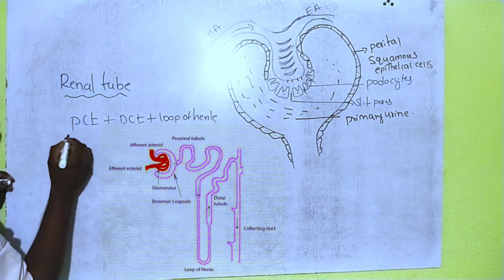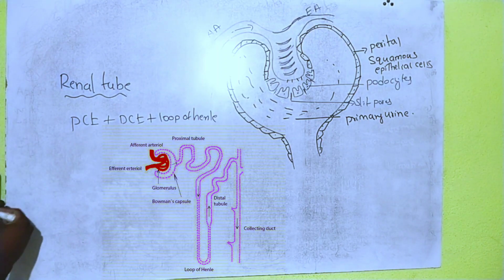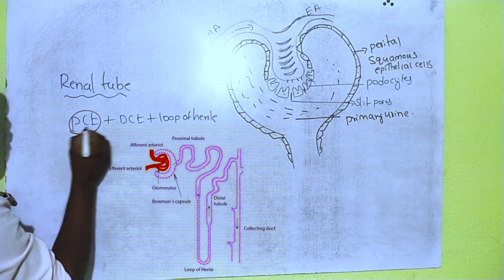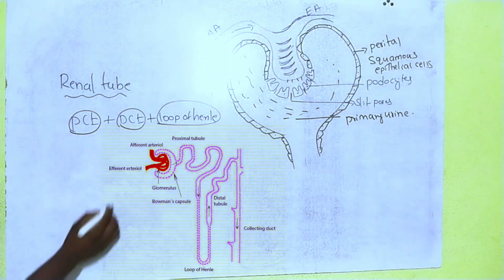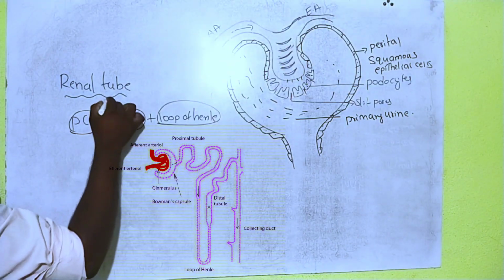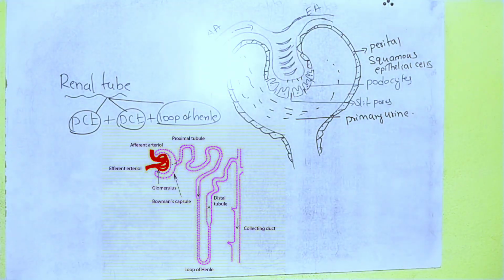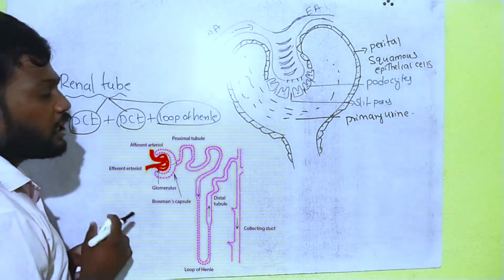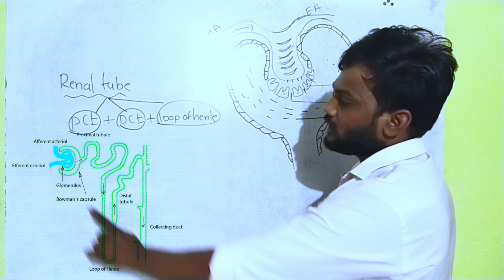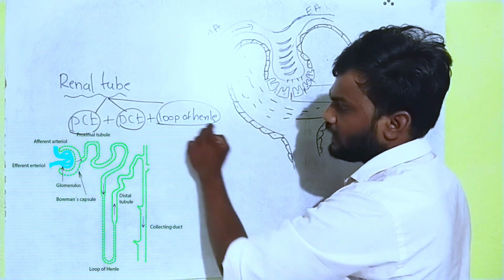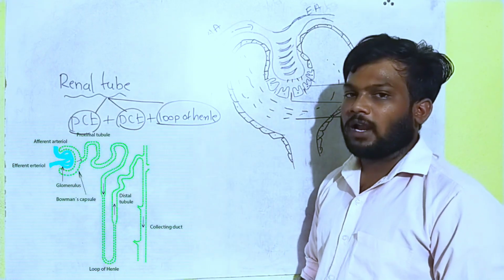Here PCT, DCT and loop of Henle together we call the renal tubule.